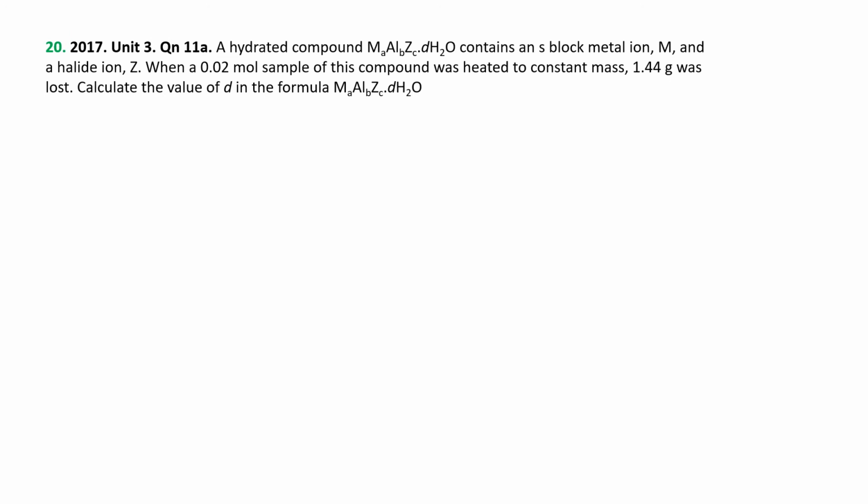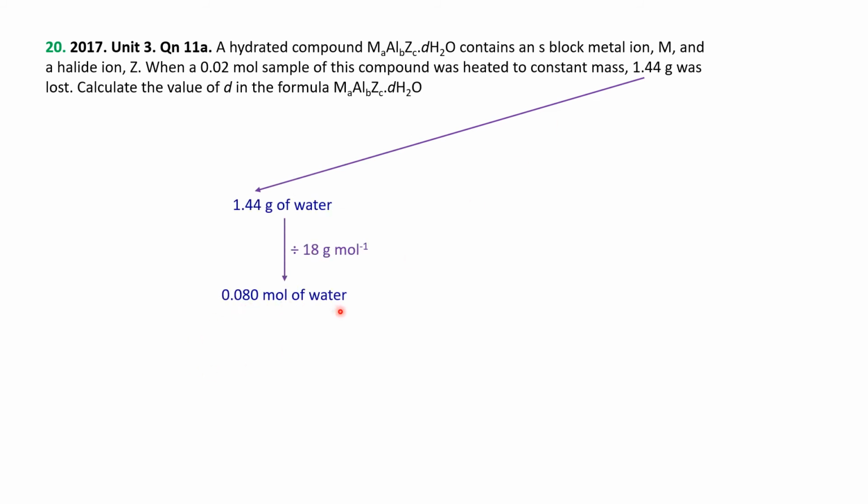Now we move to a slightly simpler type of problem. Hydrated compound, here written as D·xH2O, so this is what we're calculating, contains an s-block metal ion M and a halide ion Z. When a 0.02 mole sample of this compound is heated to constant mass, 1.44 grams was lost. Now that 1.44 grams is of course 1.44 grams of water, which is 0.08 moles of water.